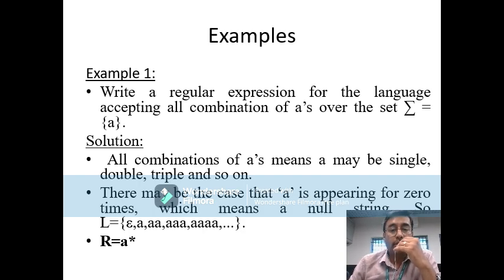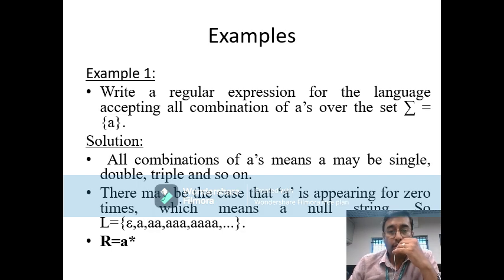So first solution: all combinations of a's means, as I told you, it can be a single a, double a, triple a, 4 a's, 5 a's, and keeps on going. There may be the case that a appears 0 times, which means a null string.